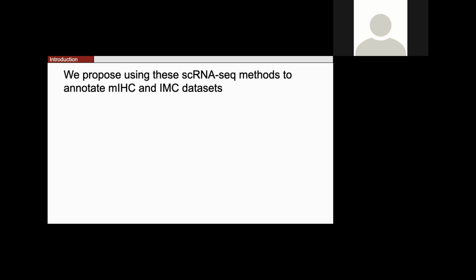We want to use the data from CiteSeq to help improve and automate the annotation of multiplexed immunohistochemistry and imaging mass cytometry data sets. The foundation of this is that there are many single-cell RNA sequencing atlases for a lot of different types of tissues and organs, which profile the gene expression associated with cell types in those organs. So we could build a similar CiteSeq atlas that also includes the expression of a panel of proteins.